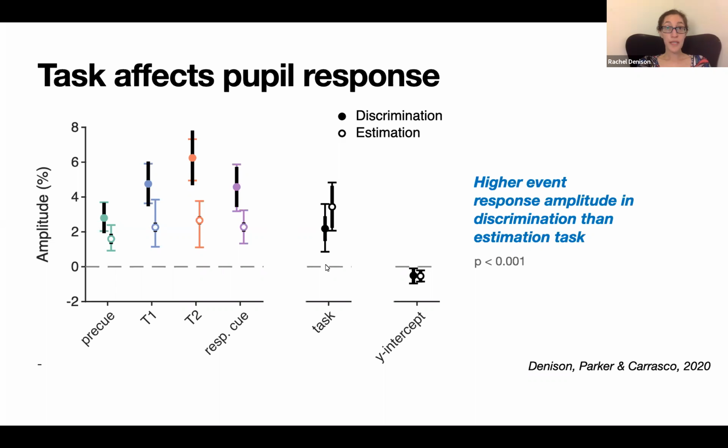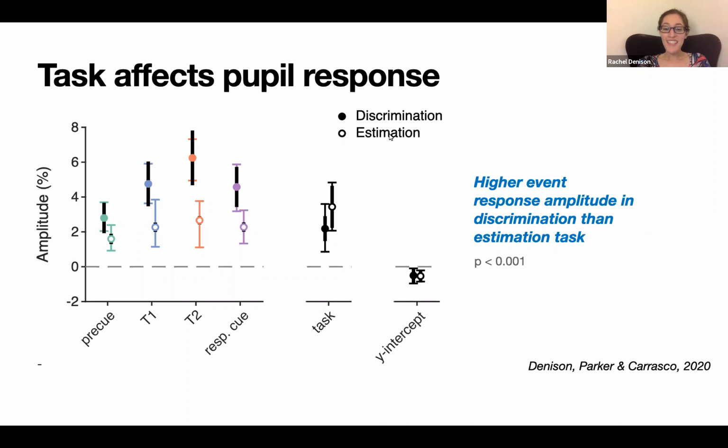The task-related amplitude did not differ, the y-intercept did not differ, and the latencies did not differ. So this is a finding that's specific to these amplitudes. We think it's possible that we found higher discrimination amplitudes compared to estimation amplitudes because of the higher cognitive demand in the estimation task.